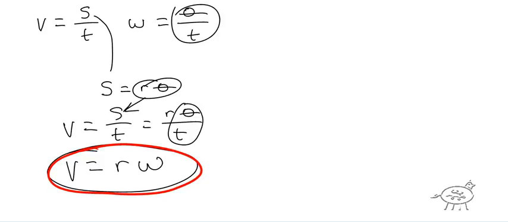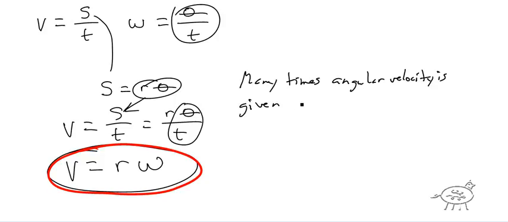Many times angular velocity is given in terms of revolutions per time. I know I mentioned this, but this is just so important. It's so rare that you're going to see anything where they say, oh yeah, I'm spinning around at 5 radians per second.